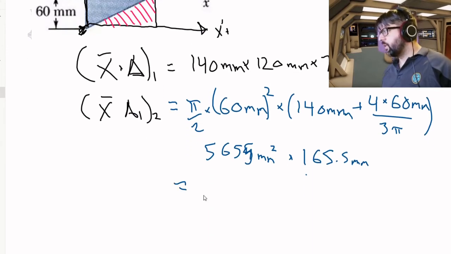So that gives us 939,704 millimeters cubed.